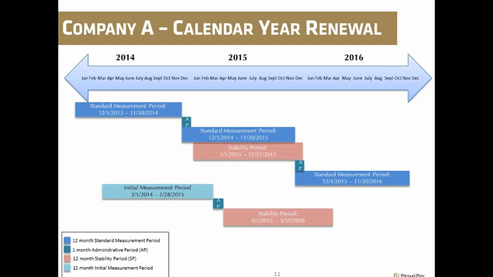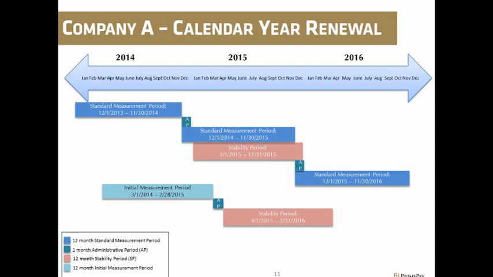Depending on how many new hires an employer has throughout the year, let's say this employer had 10 new hires, then theoretically there would be 10 different initial measurement periods, administrative periods, and stability periods running concurrently throughout the entire year with the standard measurement period.